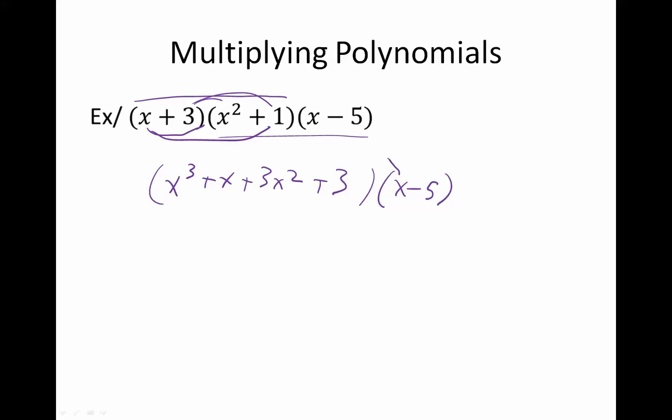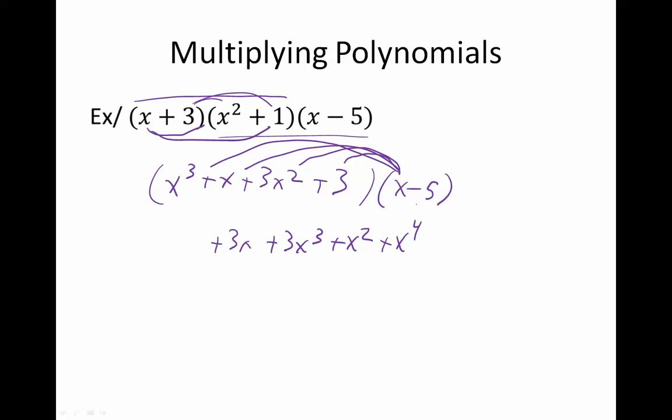So we're going to do x times 3 plus 3x, x times 3x squared plus 3x cubed, x times x plus x squared, x times x cubed plus x to the 4th.